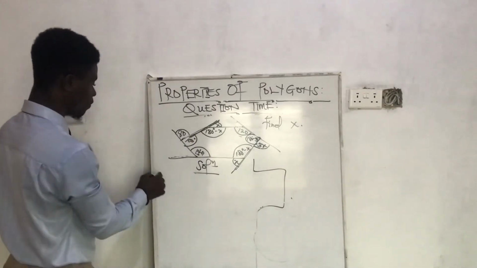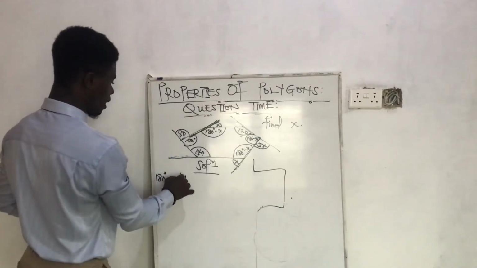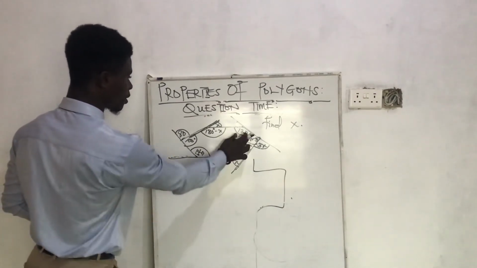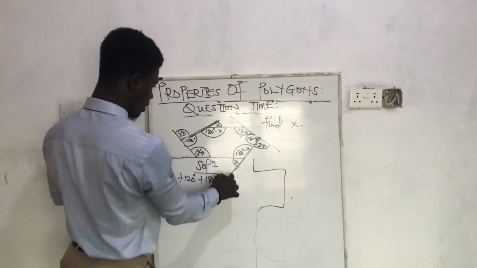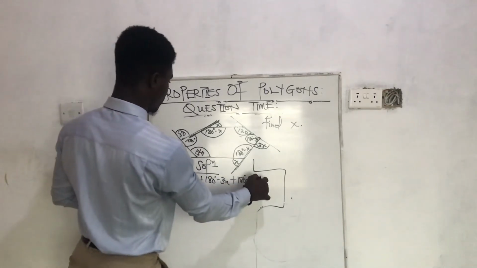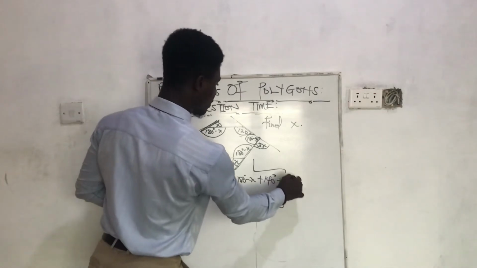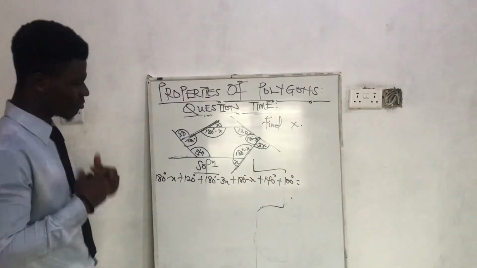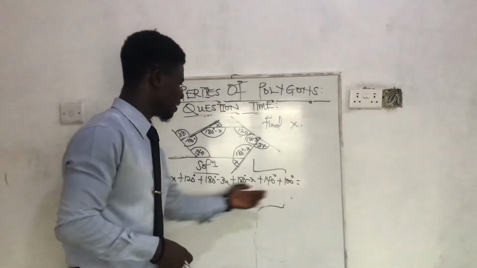So now let's go. I have 180 degrees minus x, then 120 degrees, then plus what? 180 degrees minus 3x. Then plus 180 degrees minus x, then plus 140 degrees, then plus 100 degrees. Now, what value will we equate this to?